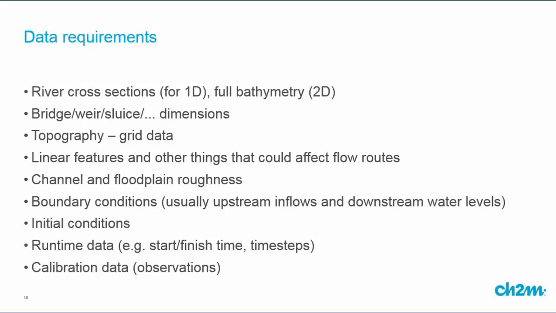You need to have information on roughness. Again, on the floodplain, you could use land use or land cover information, things like Master Map, to work out different zones of roughness. And then in the channel, it's usually based on looking at it, seeing what the thing looks like, comparing it to standard values and then calibrating it.